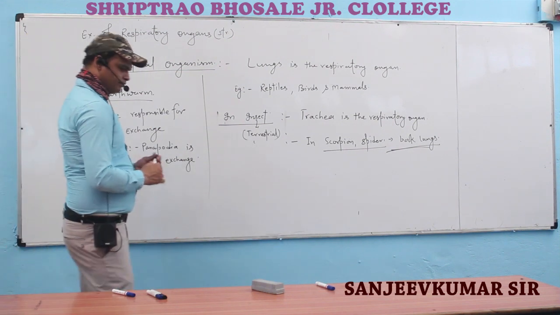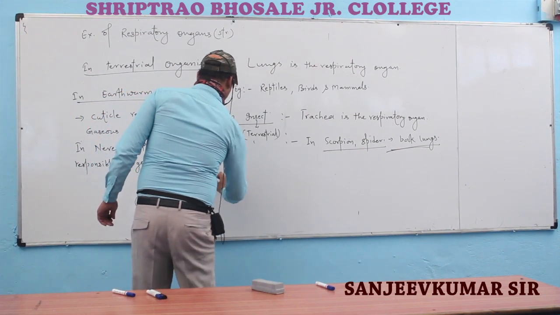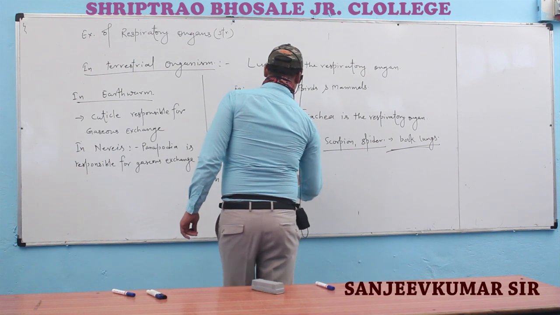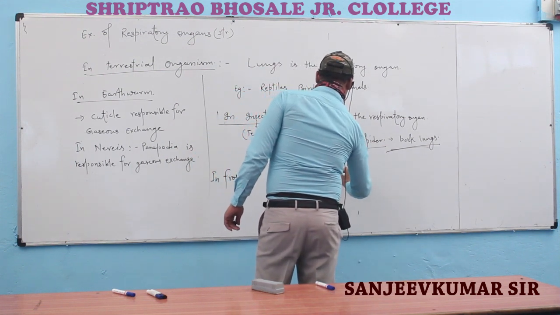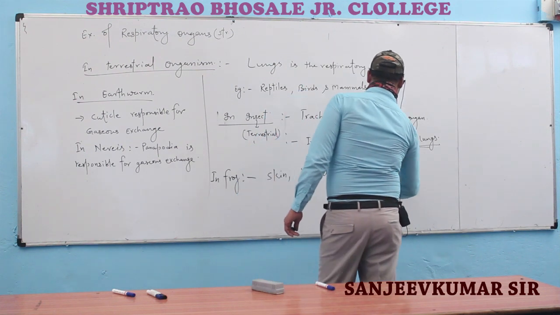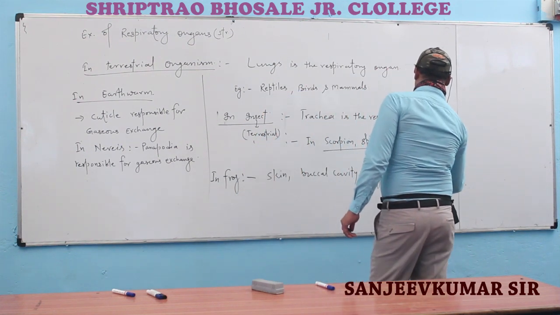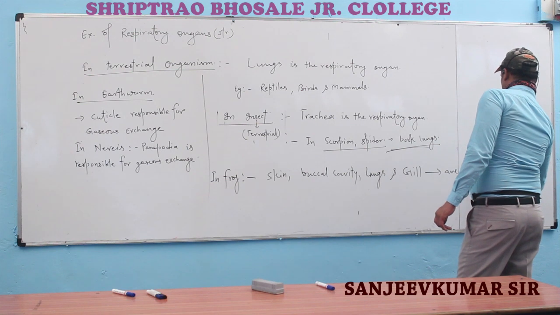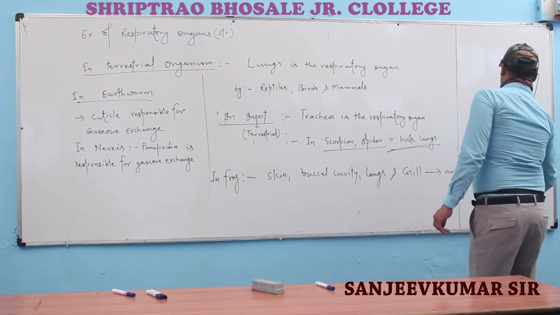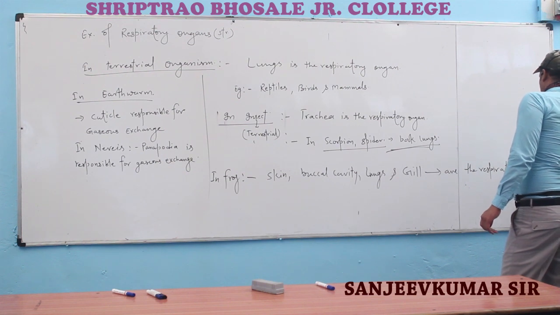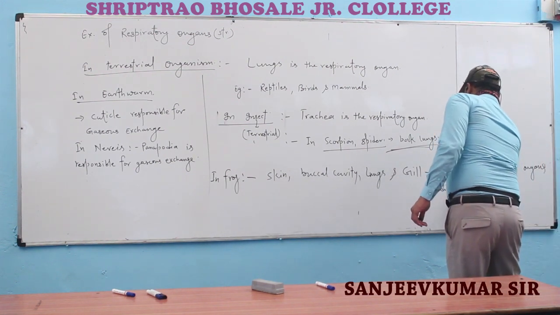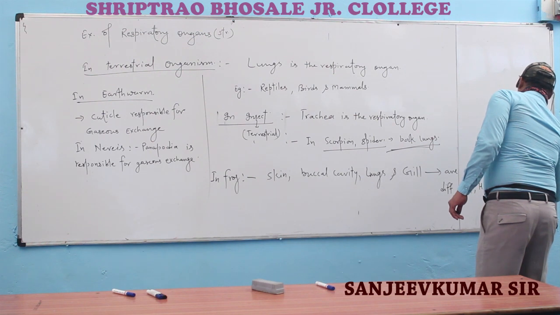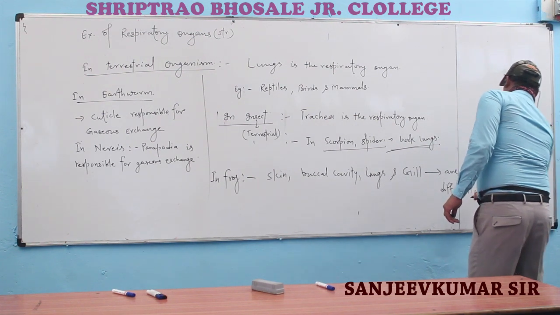In frog, skin, buccal cavity, lungs and gills are the respiratory structures or organs in different habitat and level of organization.